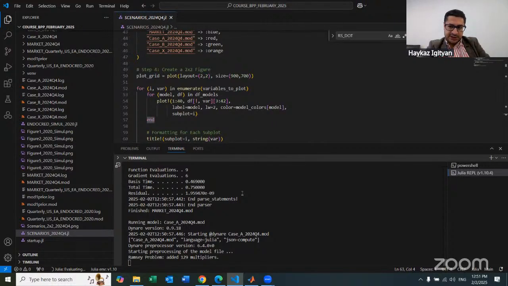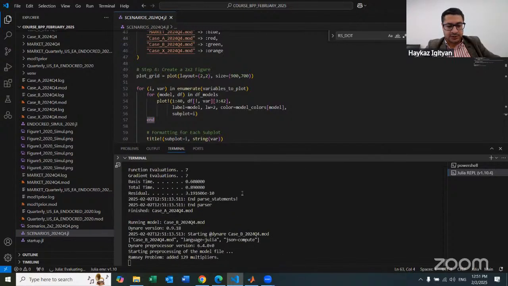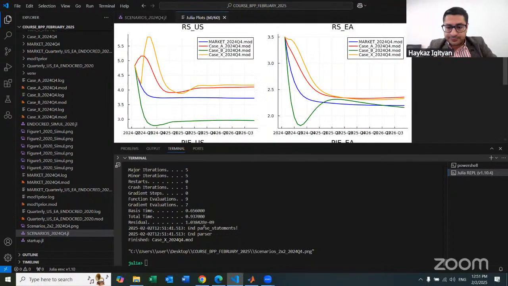Now it's running case A in the order we defined. Okay, it finishes case A, now case B.